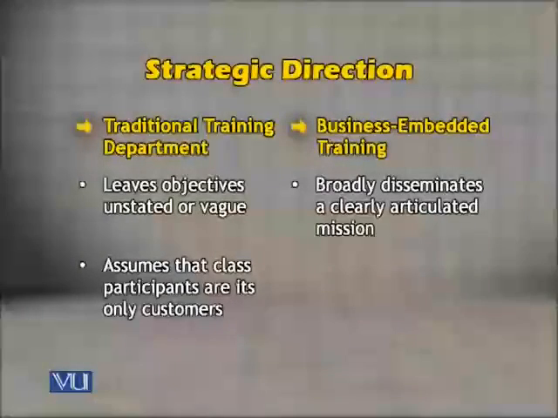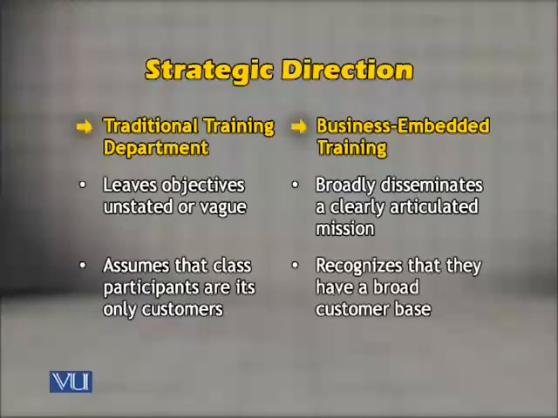Whereas the objective or the requirement of a training activity in a traditional model is left vague. It is not aligned with objectives, results and outcomes. The traditional model assumes that class participants are the only customers.